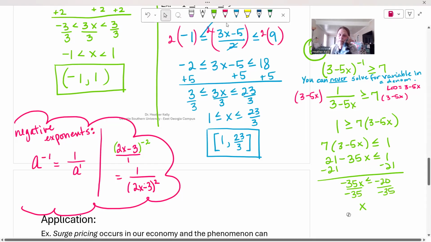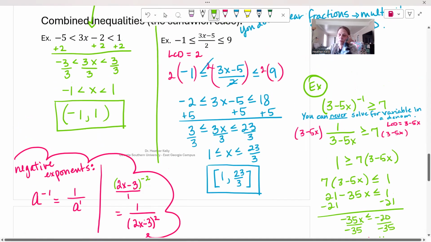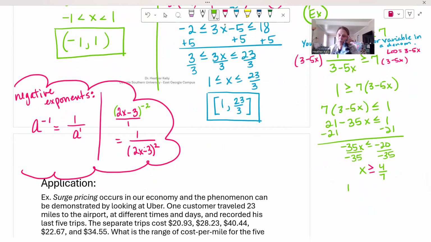We have x is, changing my color, greater than or equal to, it flips because we divided by a negative, and then let's see, 4/7. So our answer here is x is greater than or equal to 4/7. So we have 4/7 to infinity.